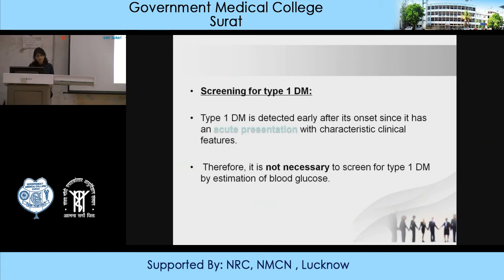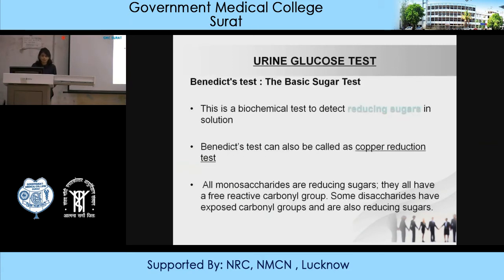So the first method we learned about for screening is estimation of blood glucose, and the second one we are now going through is the urine glucose test. We detect urine glucose by Benedict's test, which is also known as the basic sugar test. This is a biochemical test to detect reducing sugars in a solution, and the principle involved here is reduction of copper.